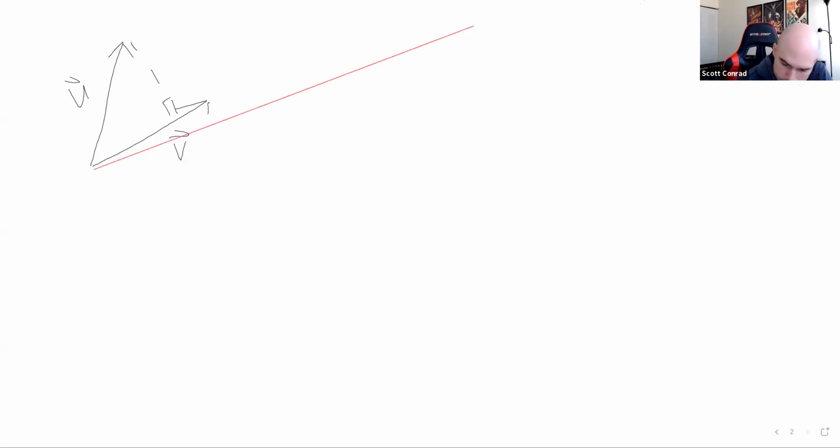Okay, let me draw a picture again. So here's our V, here's our U. If we project orthogonally down onto V, that's the projection of U onto V. So how do we get this? Here's the formula that we use.